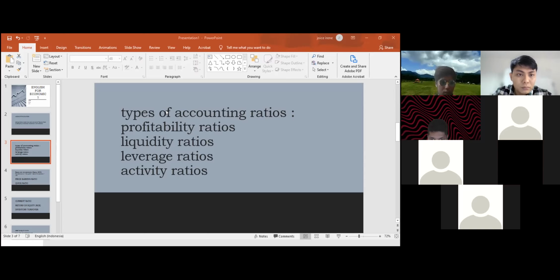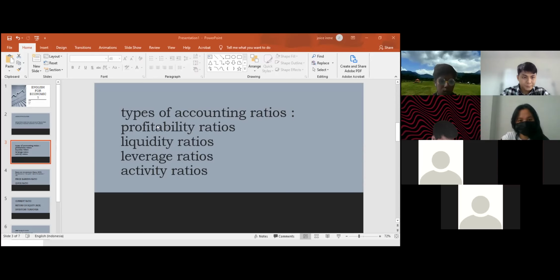These ratios analyze the short-term financial position of a firm and indicate the ability of the firm to meet its short-term commitments out of its short-term resources. And the third is leverage ratios. These ratios indicate the long-term solvency of a firm and the ability of the firm to meet its long-term commitments. And the last is activity ratios.